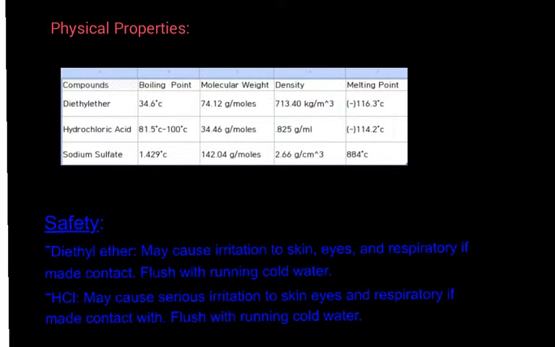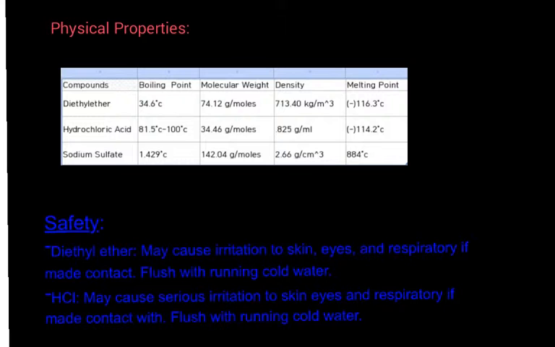The hydrochloric acid has a boiling point of 81.5 degrees Celsius to 100 degrees Celsius, a molecular weight of 34.46 grams per mole, a density of 0.825 grams per milliliter, and a melting point of negative 114.2 degrees Celsius.